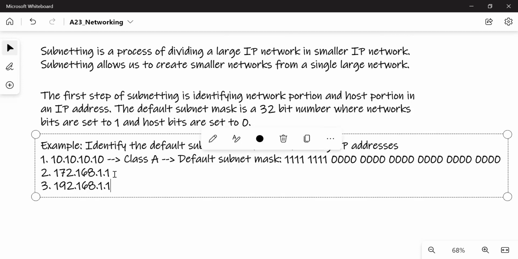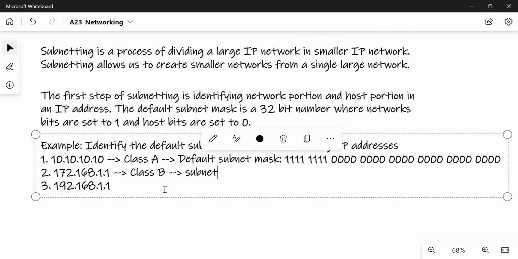So similarly, if you look at the second one, we know that this is class B, then subnet mask. This is also default subnet mask.